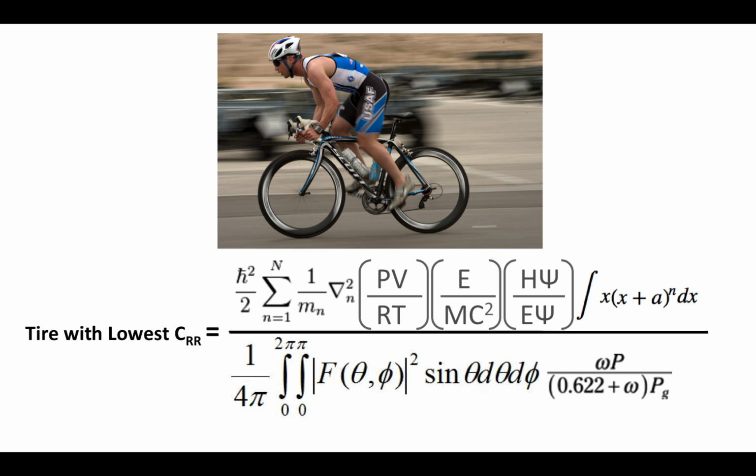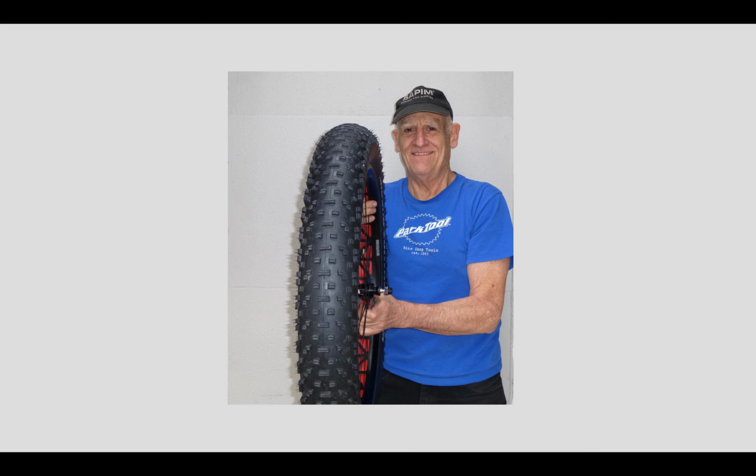Using this equation, I have come up with the best tire for this elite time trialist to use, so that he will be assured of winning a gold medal in the Olympics, the World Championships, and the Tour de France. So here it is, the scientifically and mathematically determined optimal time trial tire. Maybe I better check that unifying equation again.